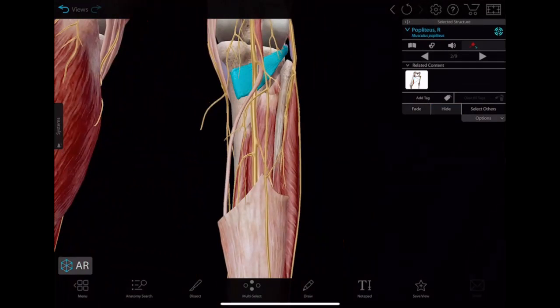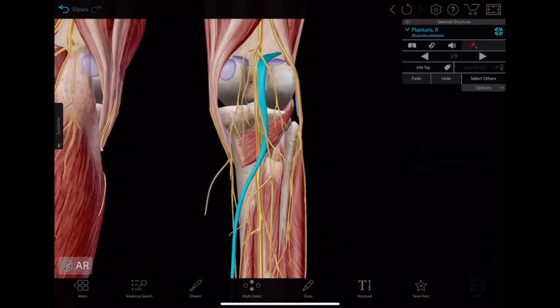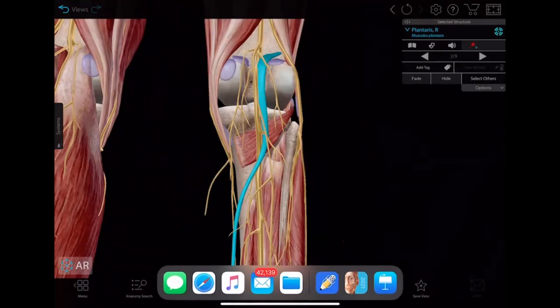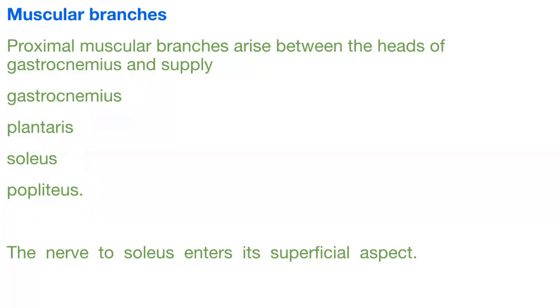This is popliteus, and this thin muscle is plantaris. So it supplies all these muscles: gastrocnemius, plantaris, soleus, and popliteus.